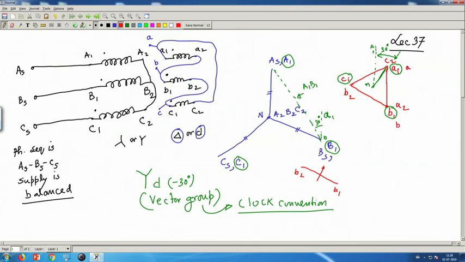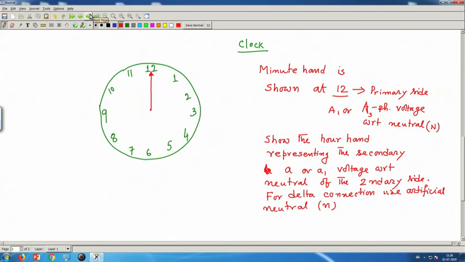This is my B, this is my C. Therefore, this A phase voltage, now this angle being 30 degree, where do you think in the clock should I show this secondary voltage? At 1, is it not?